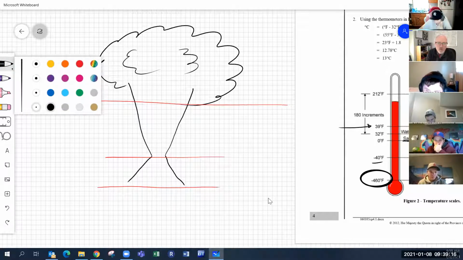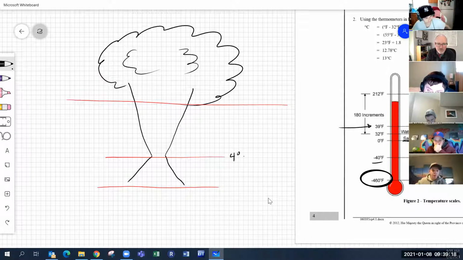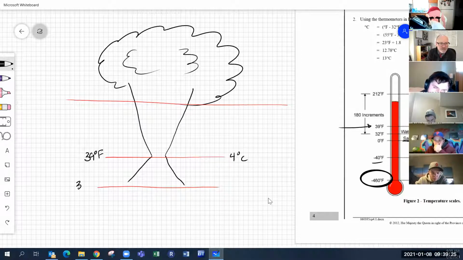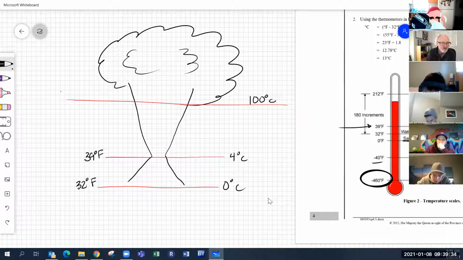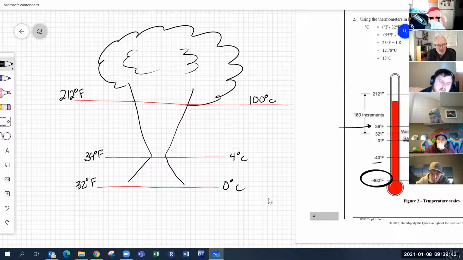So water is most dense at 4 degrees C or 39 degrees Fahrenheit. The freezing point is 32 degrees Fahrenheit or 0 degrees Celsius. This is the boiling point, which is 100 degrees Celsius or 212 degrees Fahrenheit. So I do want to explain that when water is most dense, it is the heaviest.